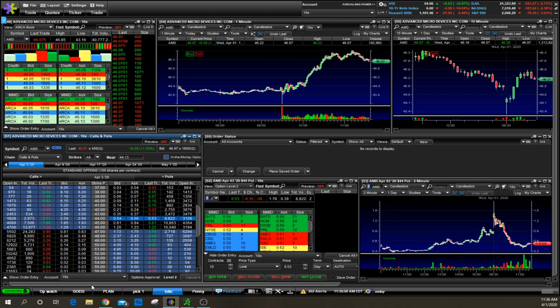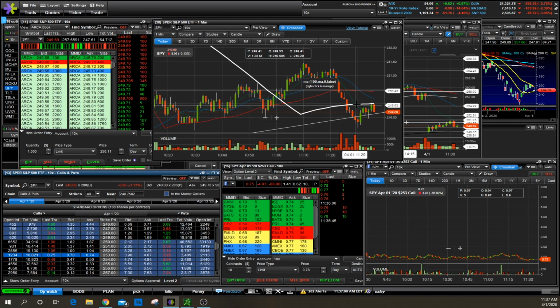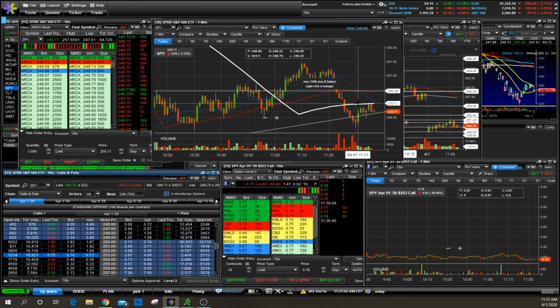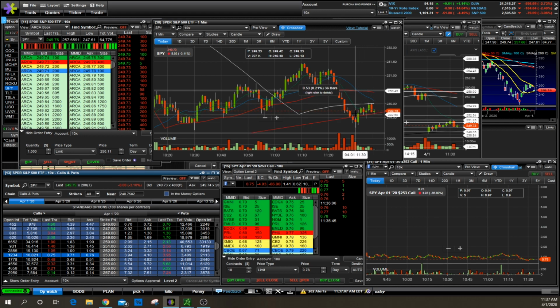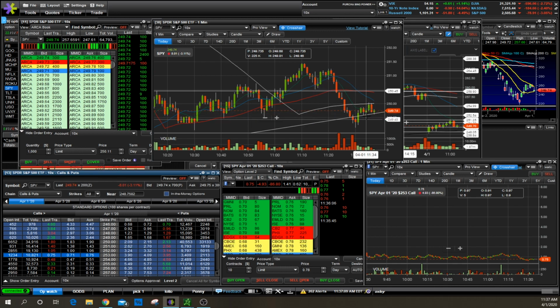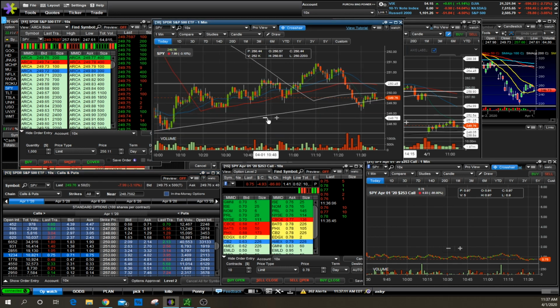Puts starting to curl. SPY again rejecting 100-day moving average. Holding the trend line. You see, it's really trying to hold the previous trend that it's already made.